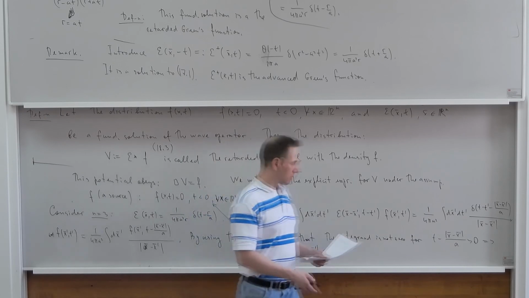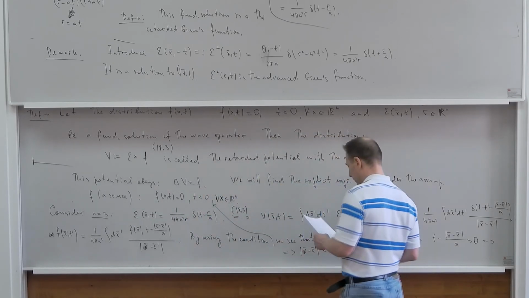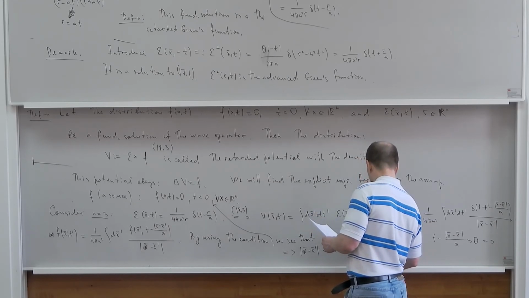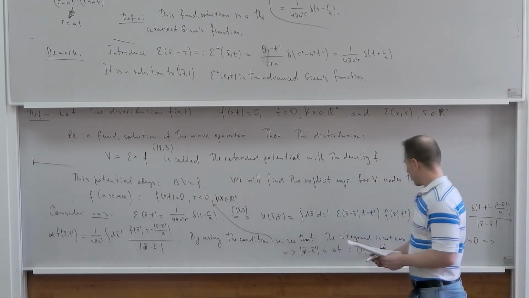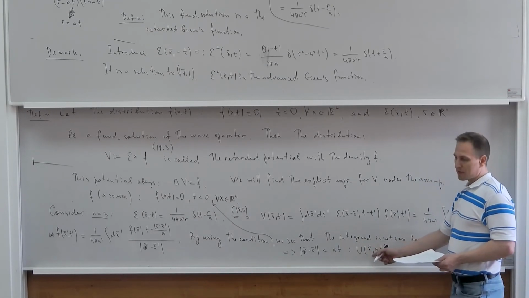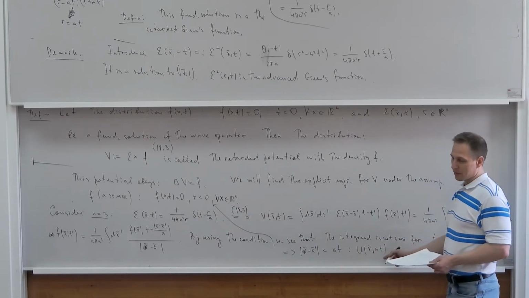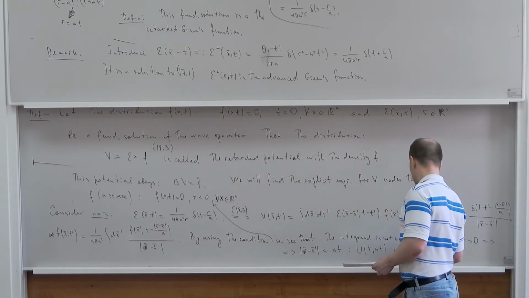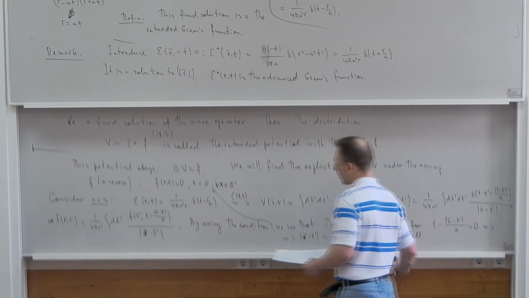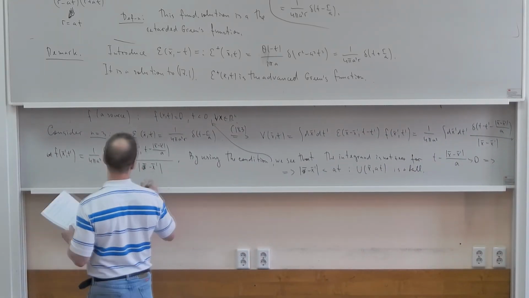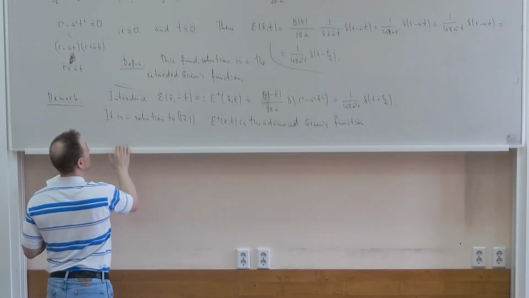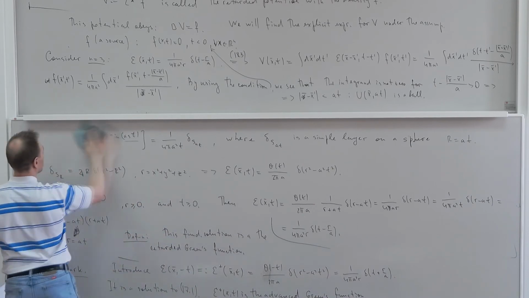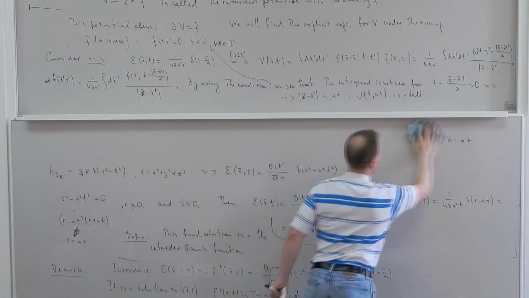We know this set of points as U_x(at). That is, it is a ball with a center at the point x and with a radius at. Then we can rewrite this expression in the following form.